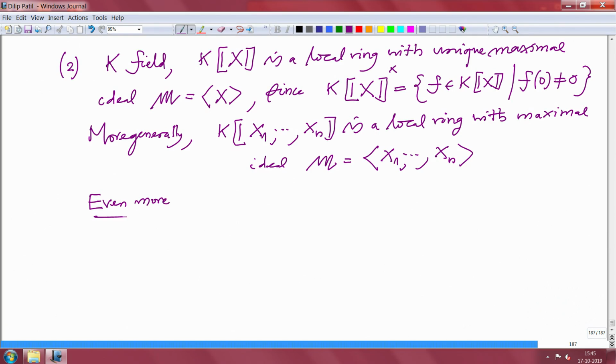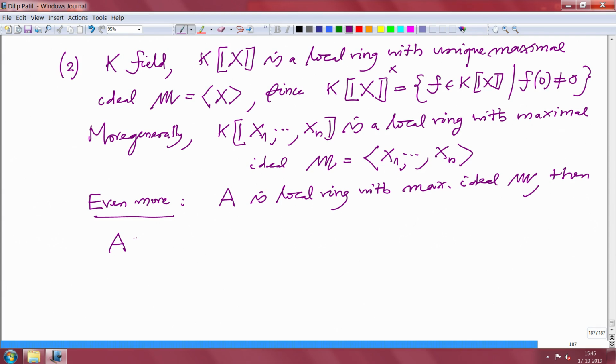So, even more generally, if A is a local ring with maximal ideal M, then a power series ring over A in one variable or even several variables x1 to xn is also a local ring.